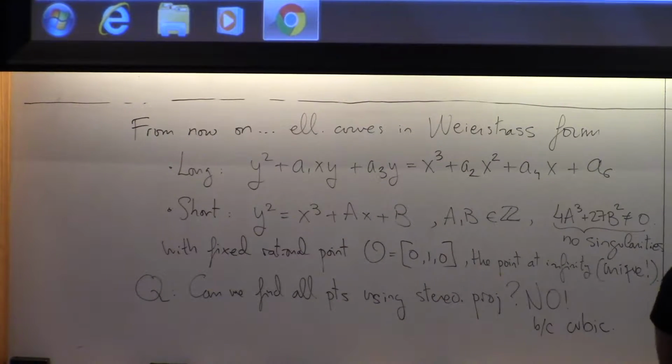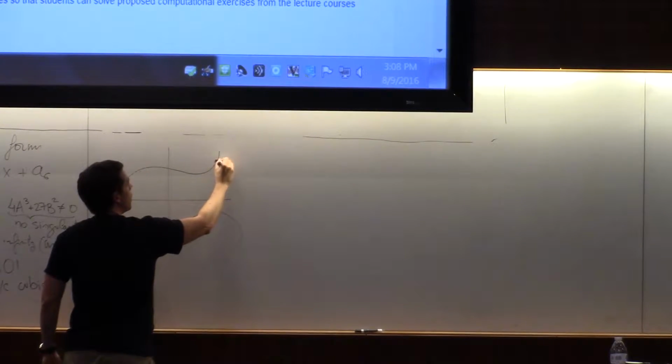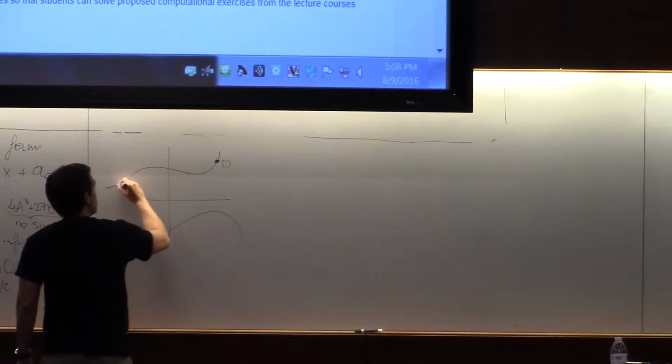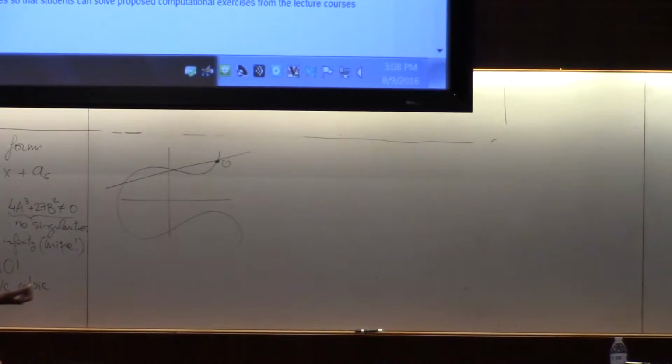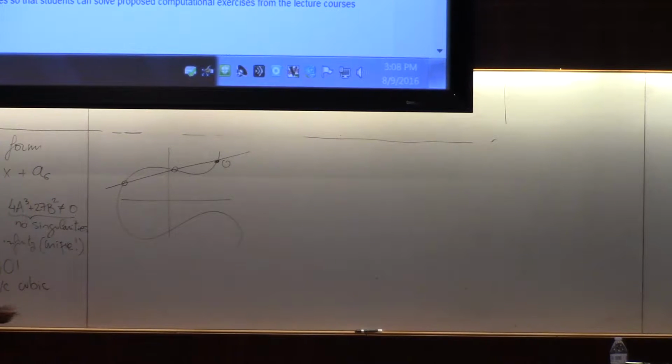Okay. So why is that so? Because if I have an elliptic curve, something like that, and if I have a point O, and I try to trace a line that goes through O, yes, I'm going to have two other points, but those are not necessarily rational anymore.